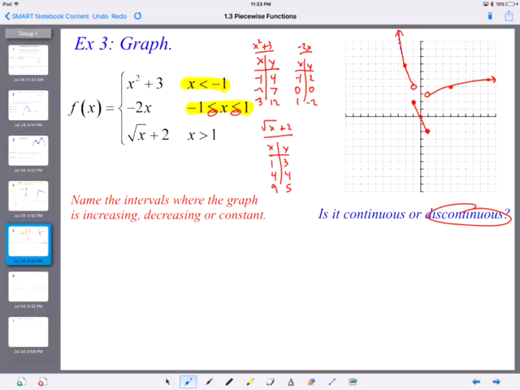Well, this one is going down, so it's decreasing. And even when it has this break in the graph, it continues to decrease. So it's going to decrease from negative infinity all the way down to x equals positive 1.